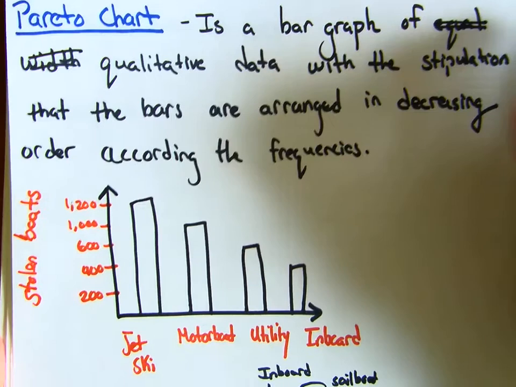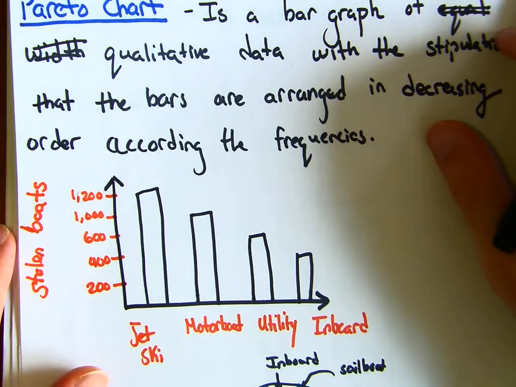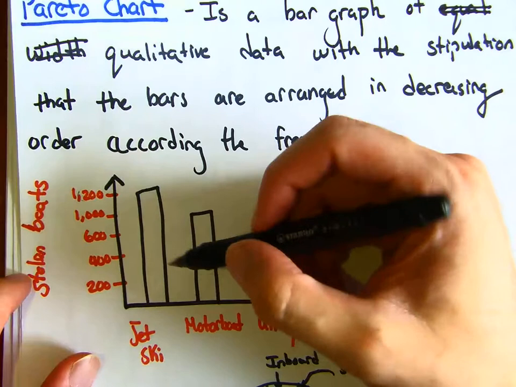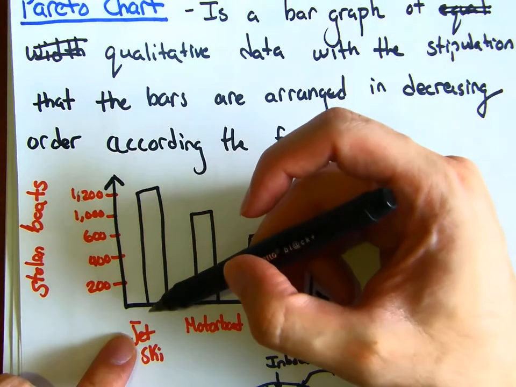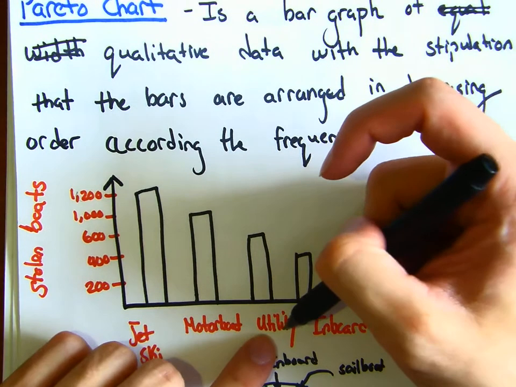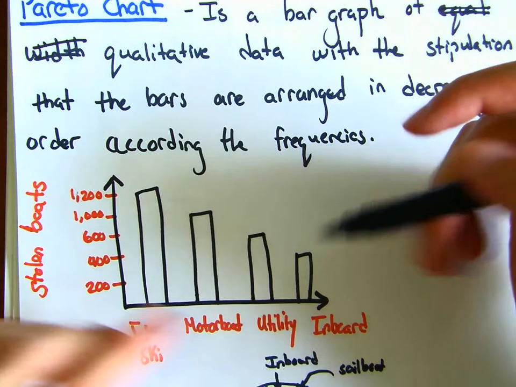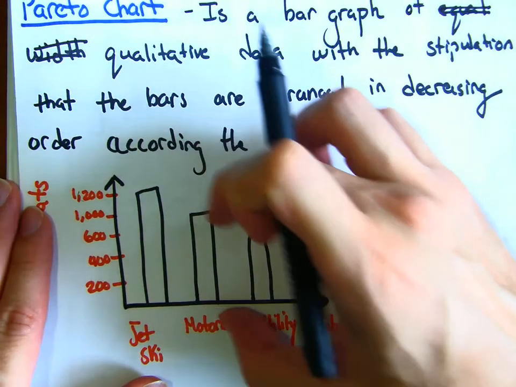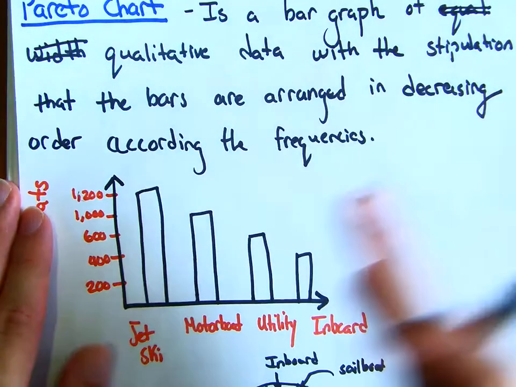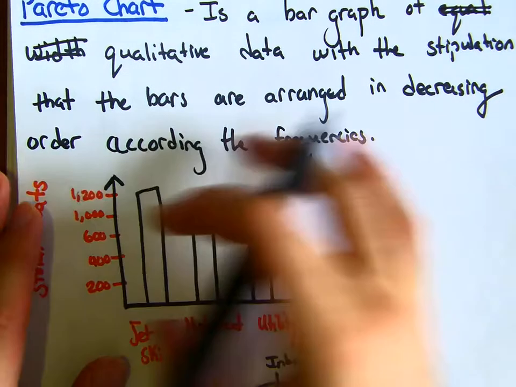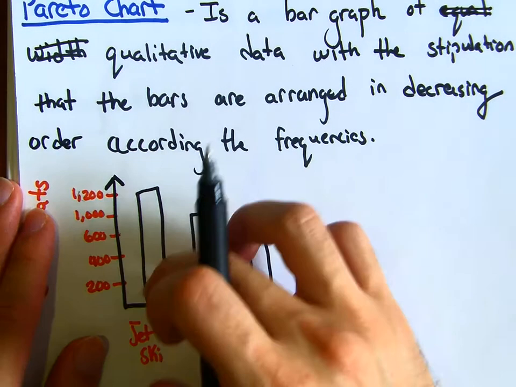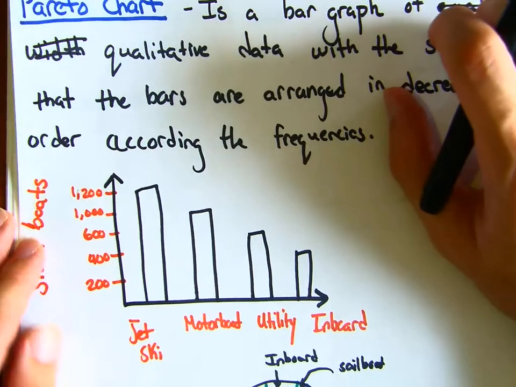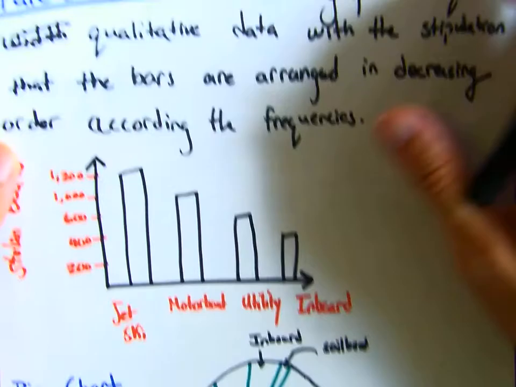If I wanted to talk about, let's say, stolen boats, notice how jet skis were mostly stolen, then motorboats, then utility boats, then inboard boats. So you represent the qualitative data in descending order. It gives a nice visual to see which data values are highest to lowest. And that's a Pareto chart.